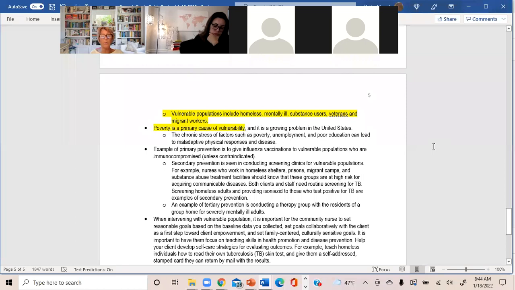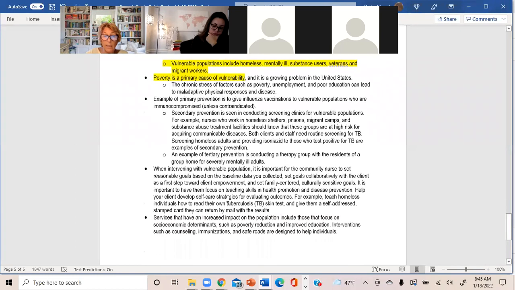What question might you get with that? What is the leading cause of vulnerability, or the leading indicator? What is it? Poverty. Okay. Next one talks about primary prevention.